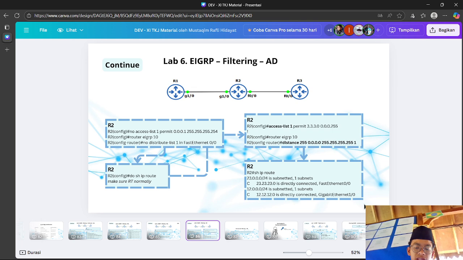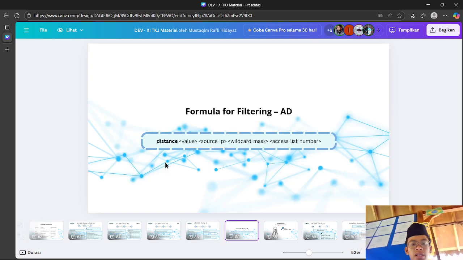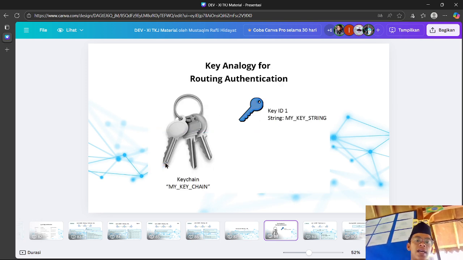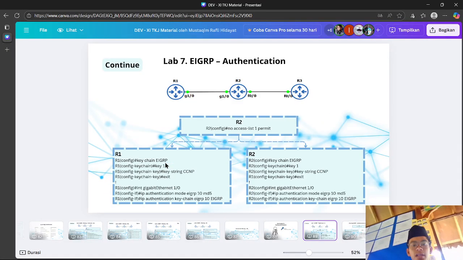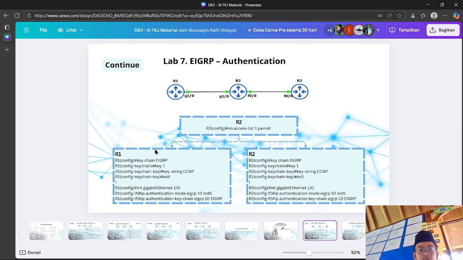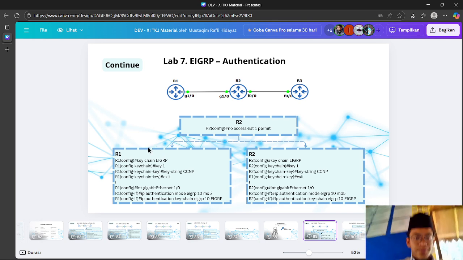Importantly, your configuration is already complete. Then this is the formula for filtering administrative distance. Then next we are going to talk about lab 7, EIGRP authentication.